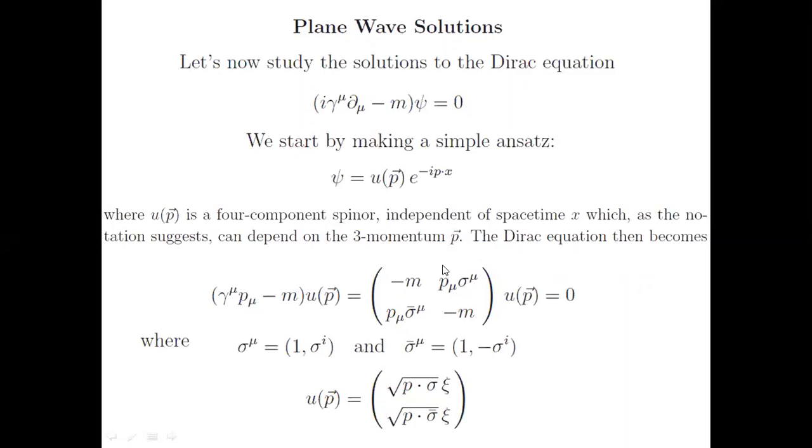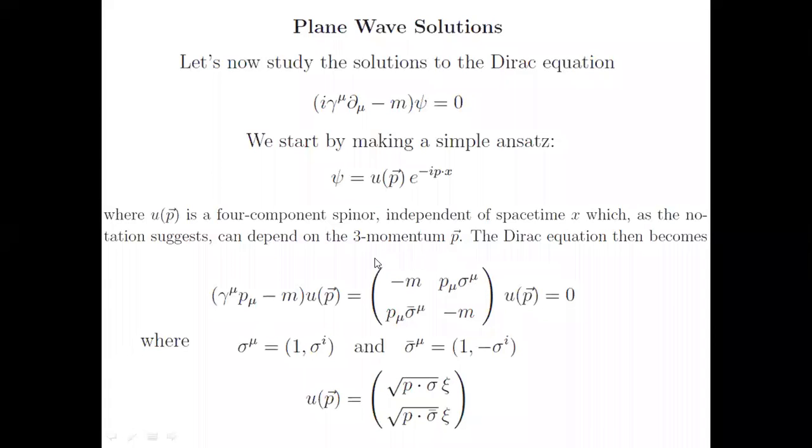I hope you can understand this. Sigma mu bar is basically 1, minus sigma i. This is a 4-vector again of the Pauli matrices, and sigma mu is 1, sigma i. So sigma mu and sigma mu bar are present here. This is basically the gamma matrix. We have expanded using the gamma matrices.